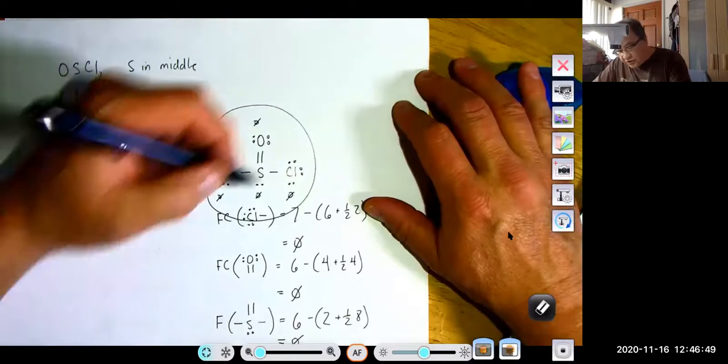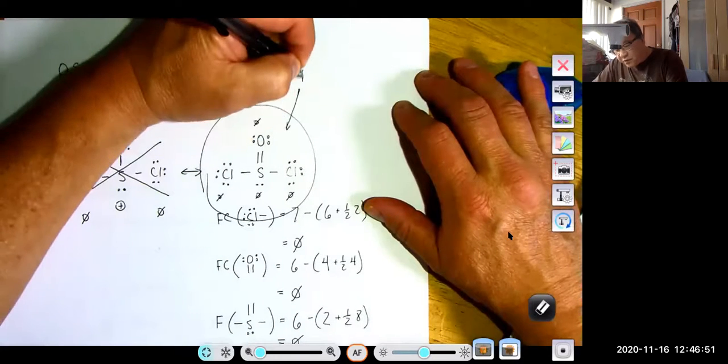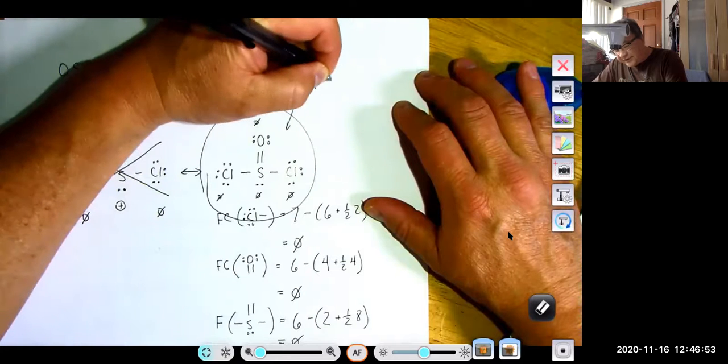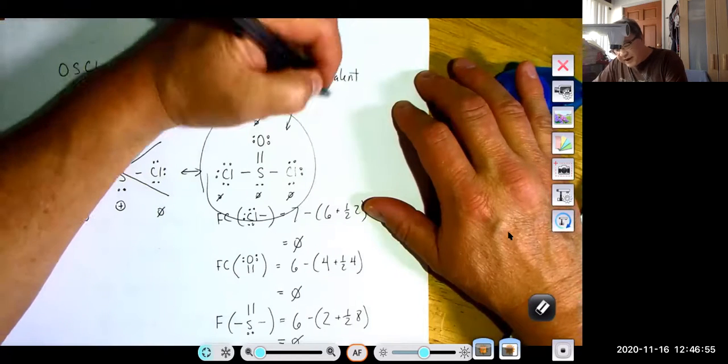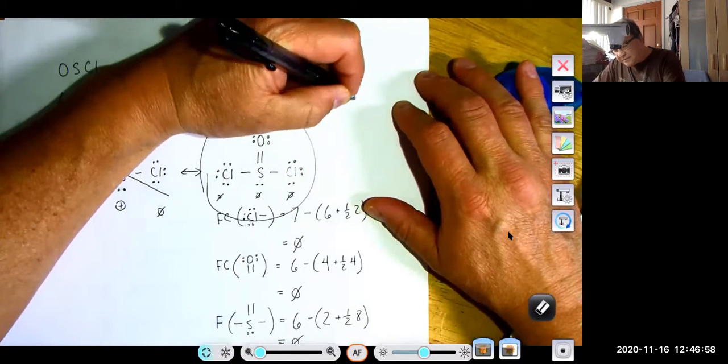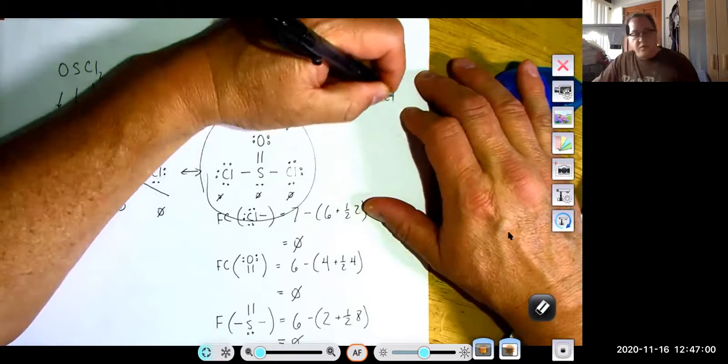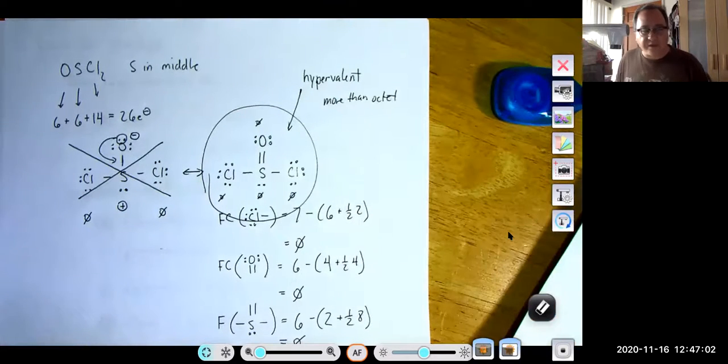Now here, the sulfur is a hypervalent atom in this case. Hypervalent meaning that it has more than an octet. So what elements can have more than an octet? And the answer is really simple. Anything beyond period 2. I'll repeat that.